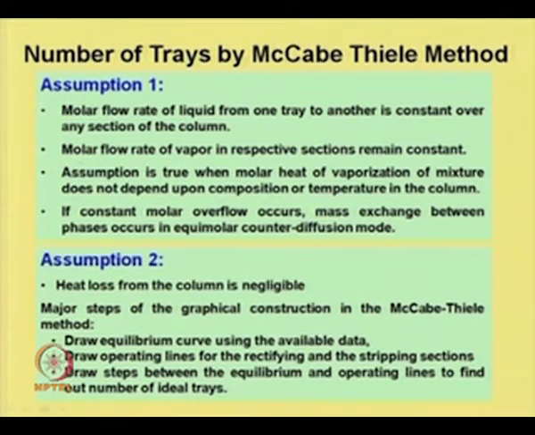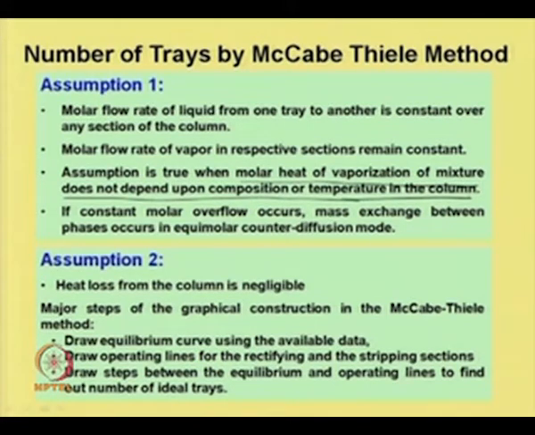Similarly, the molar flow rate of the vapor in any section of the column remains constant. So, both molar flow rates of the liquid and of the vapor in the respective sections, rectifying or stripping, remain the same. This assumption is true when the molar heat of vaporization of the mixture does not depend upon the composition or temperature in the column.